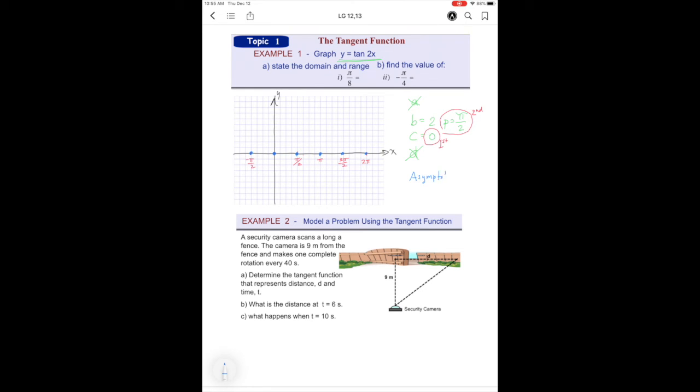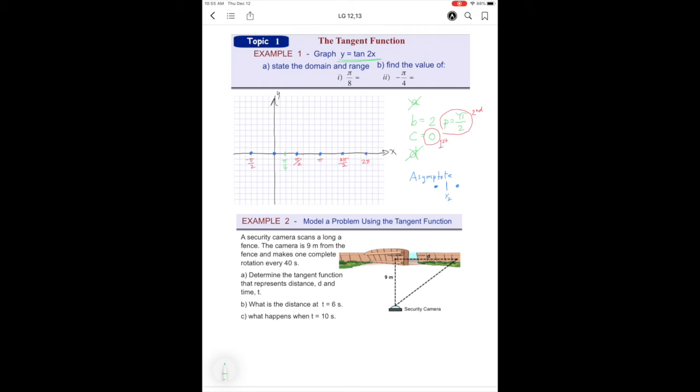Now the asymptotes. Remember, the asymptote is halfway between these dots. If I look at this, I know that halfway is right there, and half of pi over 2 is pi over 4.